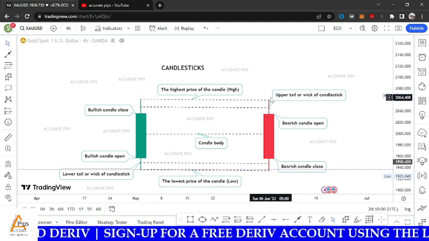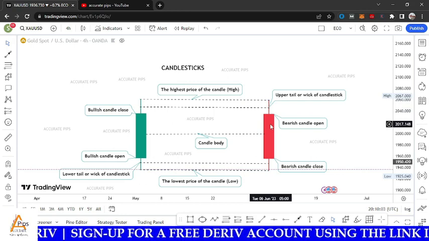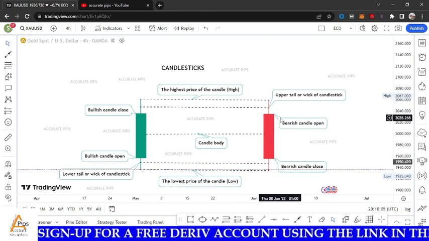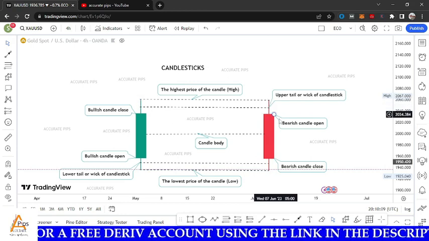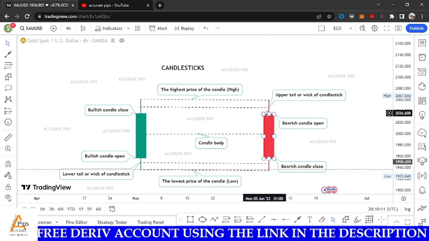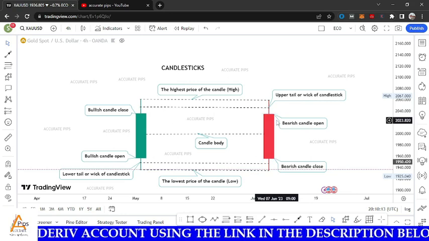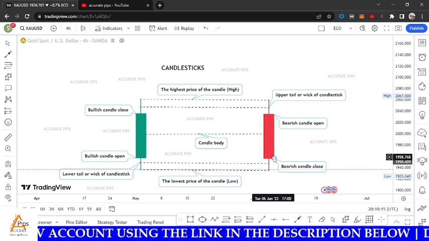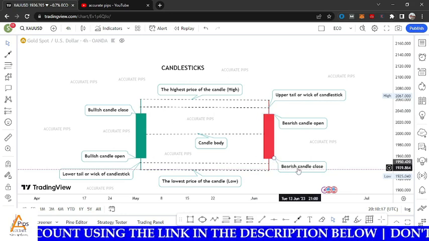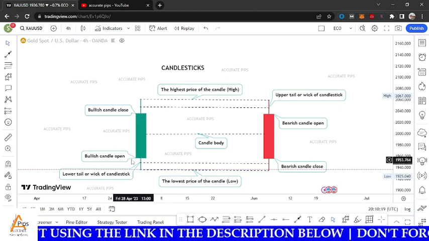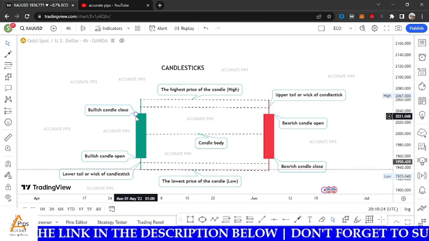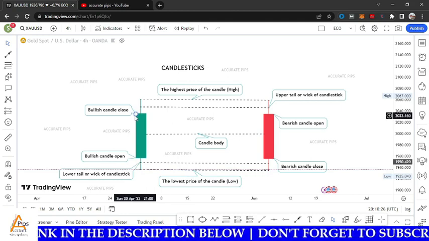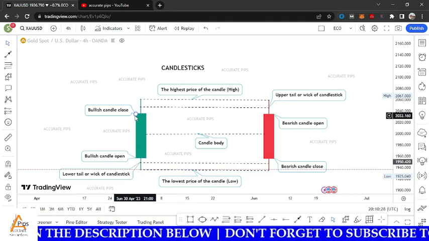Same applies here. The difference is that in the bearish sense, it is between the highest price and the open of the bearish candle. So the bearish candle opens on top and closes at the bottom. This is the close of the bearish candle. Meanwhile, the bullish candle opens at the lower section and closes at the upper section of the price chart.